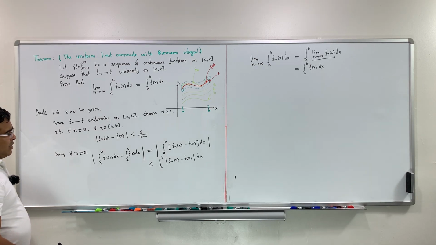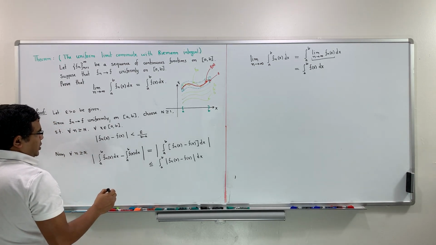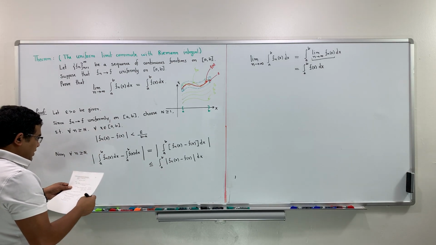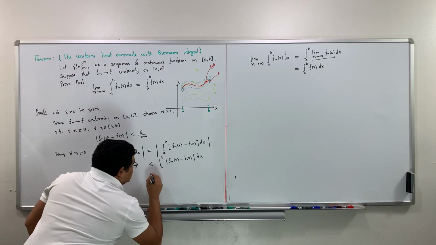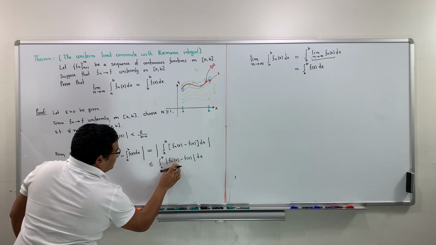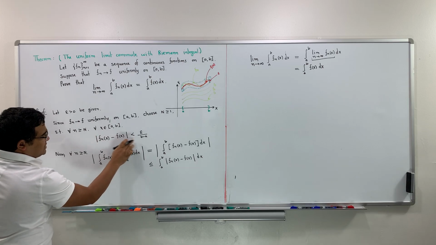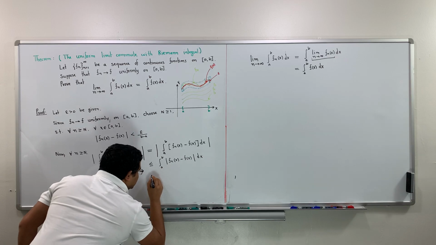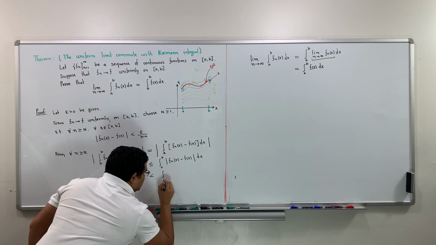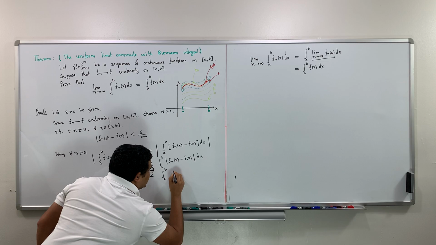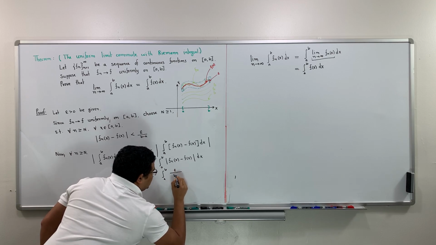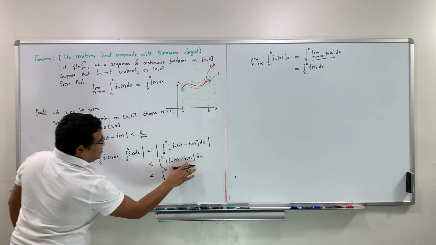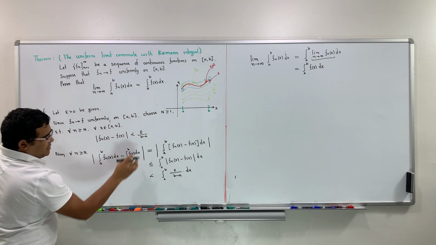Okay. Now we know that the difference between f_n(x) and f(x) is less than epsilon over b minus a. So it can be written as less than the integral from a to b of epsilon over b minus a, dx. Because this is less than epsilon over b minus a.